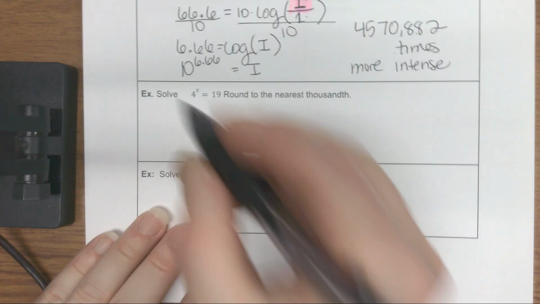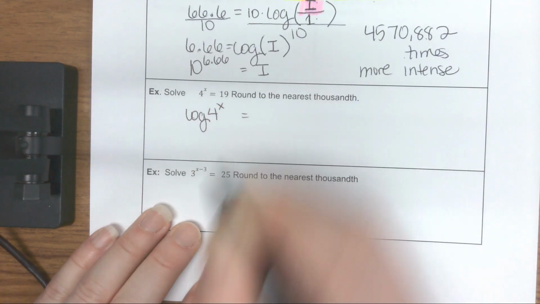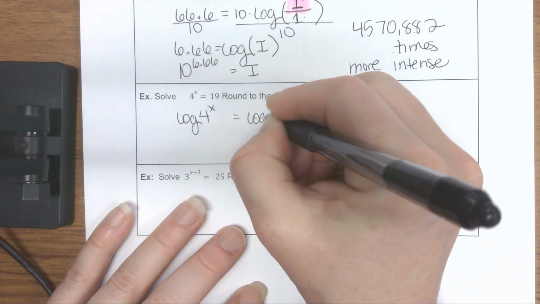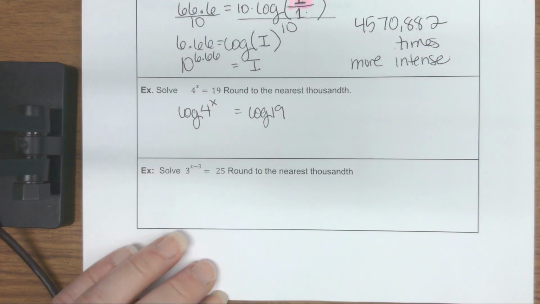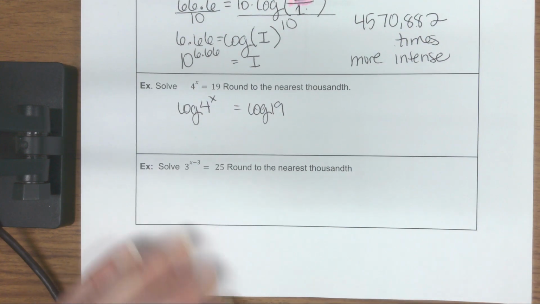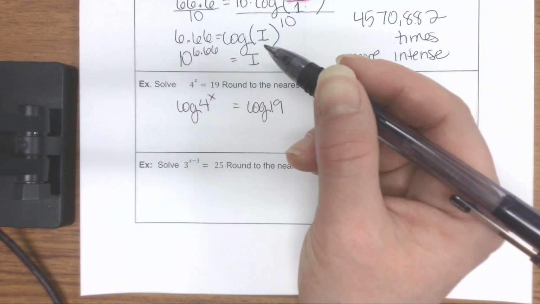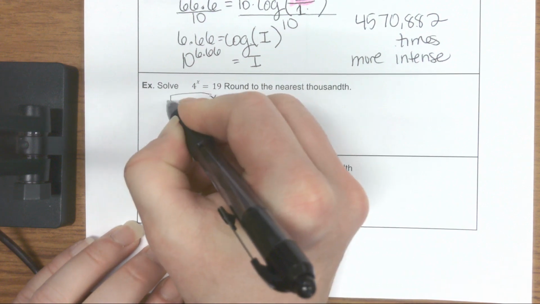What I'm going to do is take the log of this side. Because I took the log of this side, I'm also going to take the log of the other side. Okay, that's our first step. What that does is it uses our log properties from what we were talking about before. If I have the log of 4 to the x, that x comes down to the front.